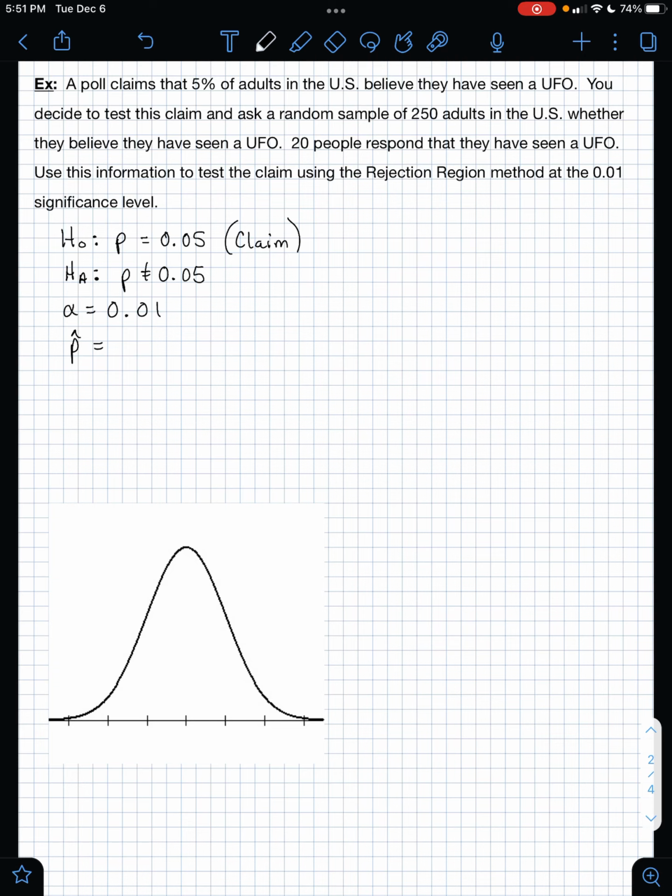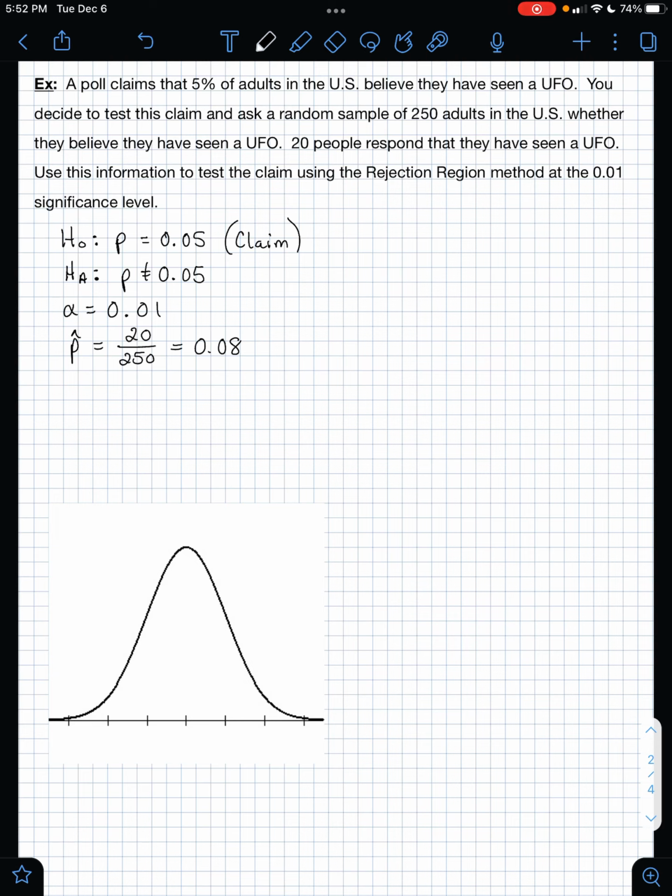And according to our sample, we had 20 people say they've seen one out of 250. This comes out to be 0.08. Now that is definitely higher than the 0.05 that was claimed, but that doesn't necessarily mean the claim was wrong. We have to see if it was significantly enough higher.